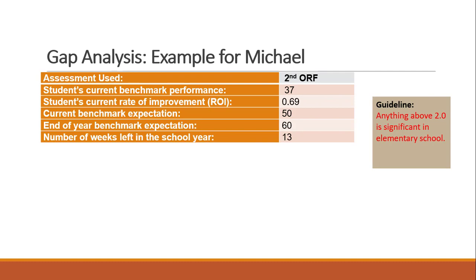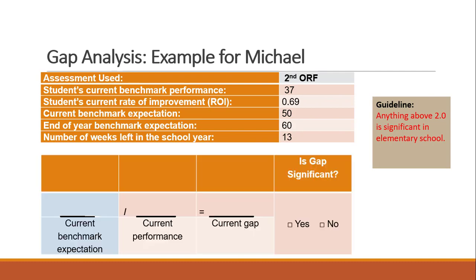So with this, we have the information we just talked about. The current benchmark performance for the child, his current rate of improvement, and the benchmark expectation, an end-of-year benchmark expectation, so where he is now and where he's supposed to be, and the number of weeks left in the year. So this is all the kind of information we just talked about.